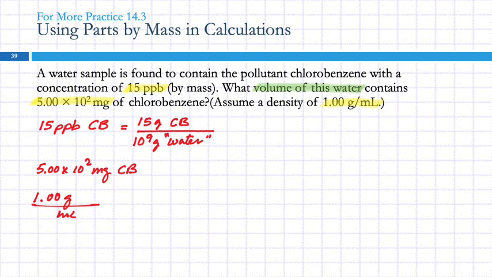It has chlorobenzene in it, and when you add stuff to water, that increases the density, but this has a teeny, tiny amount, and so the density is still 1. So this is 1 gram of water per milliliter of water. And we're trying to find volume of water. Let's do liters.